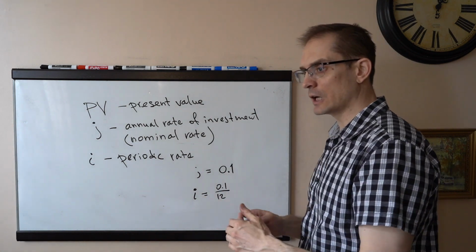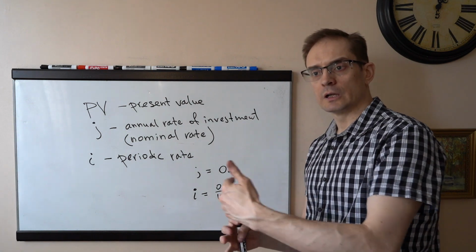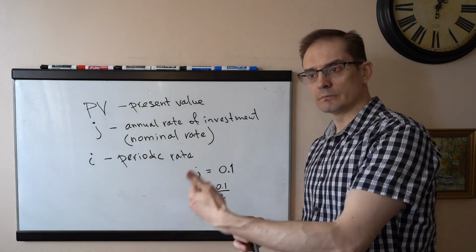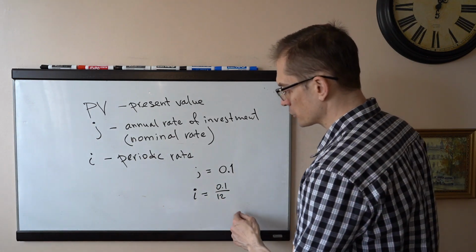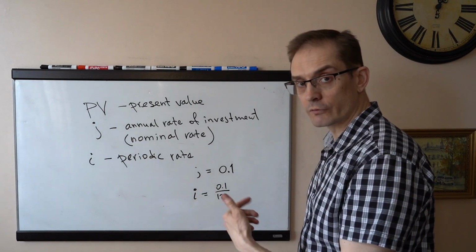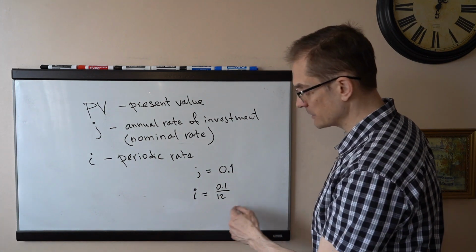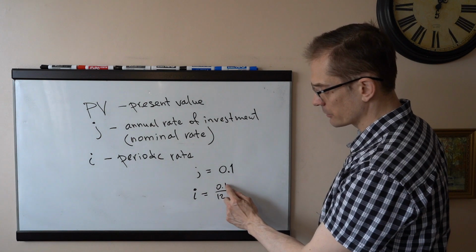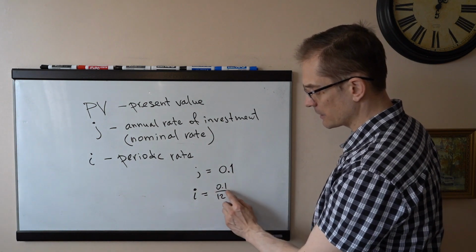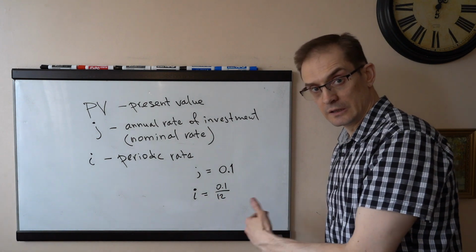So we already talked about how you can reinvest your amount every month, every quarter, every half year, and so on. Depending on how frequently you reinvest, this I, the rate per period, will be your nominal rate per year divided by the number of periods in a year.